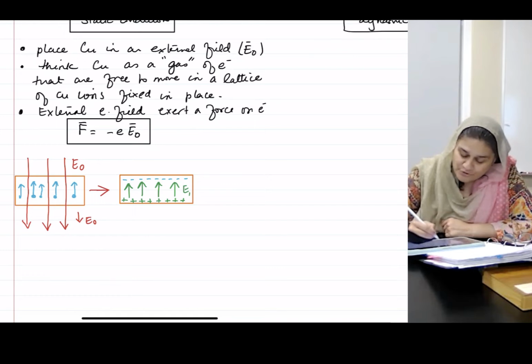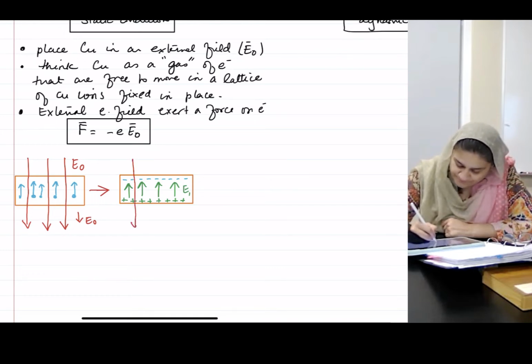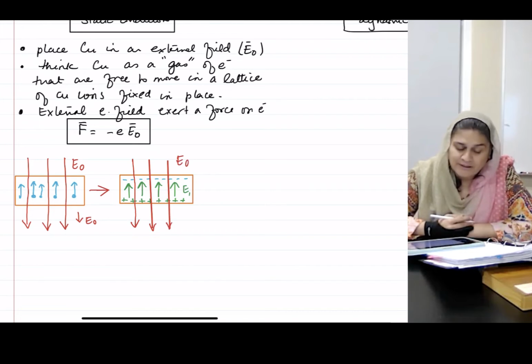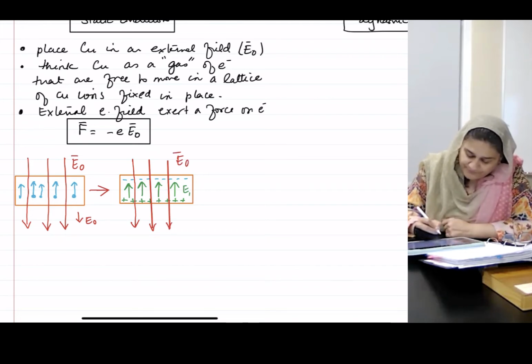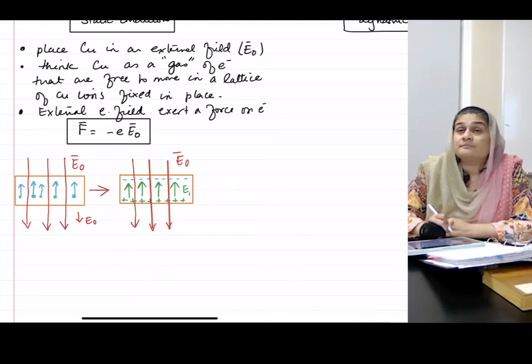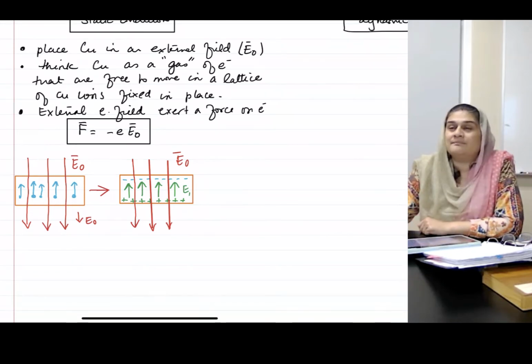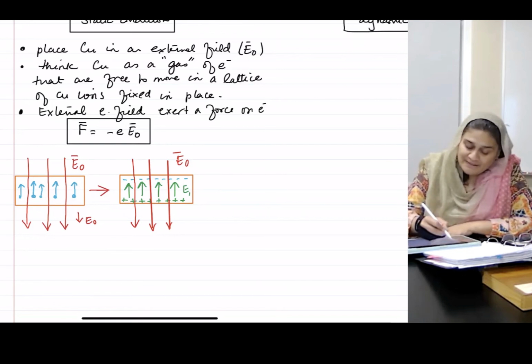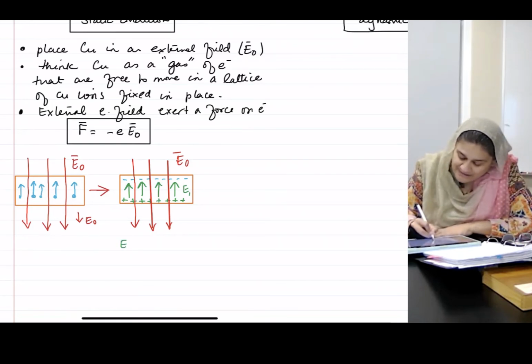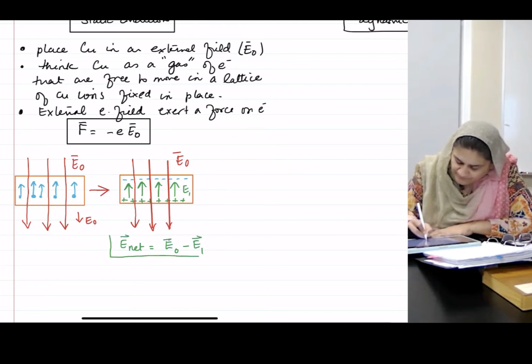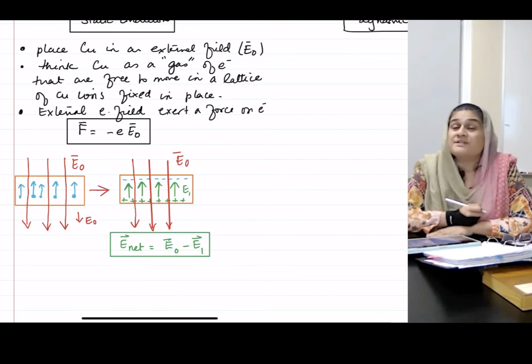Then I will have two fields, one E0, and they're all vectors, right? And one E1. May I write this as net E equals E0 minus E1, for this situation?